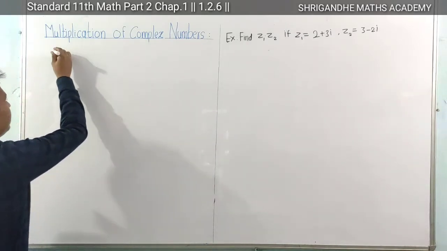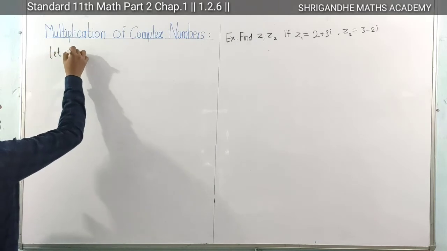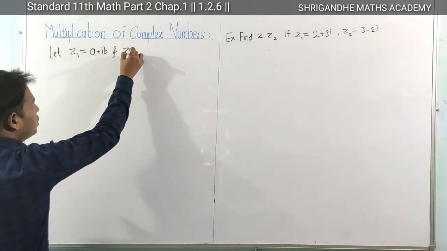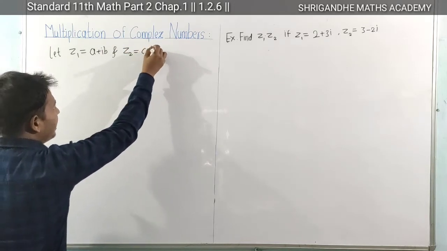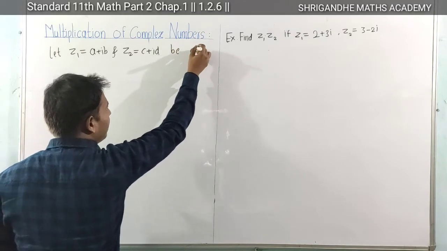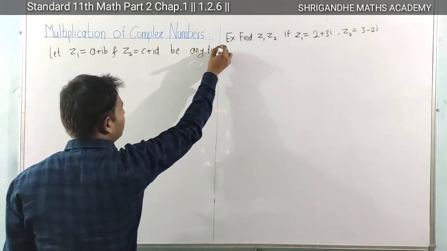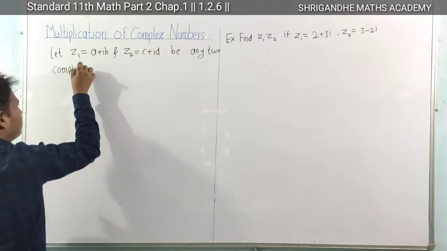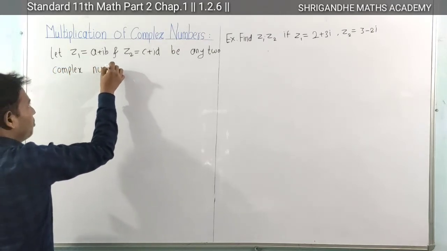For that, let Z1 equal to A plus IB and Z2 equal to C plus ID be any two complex numbers.